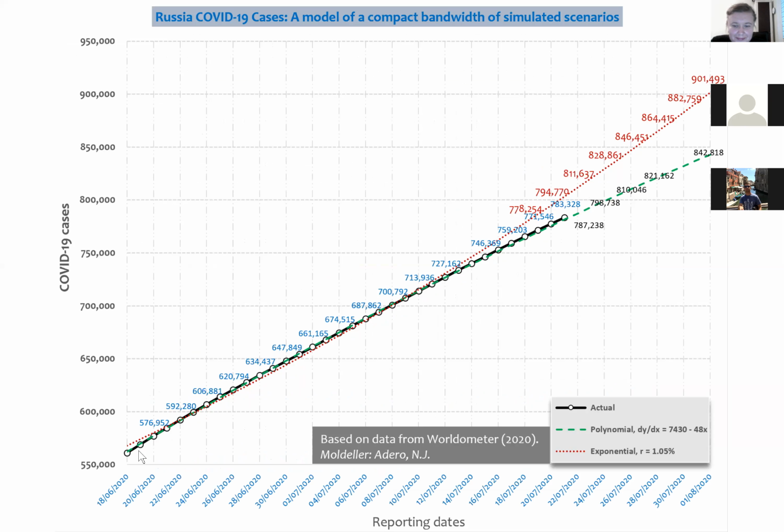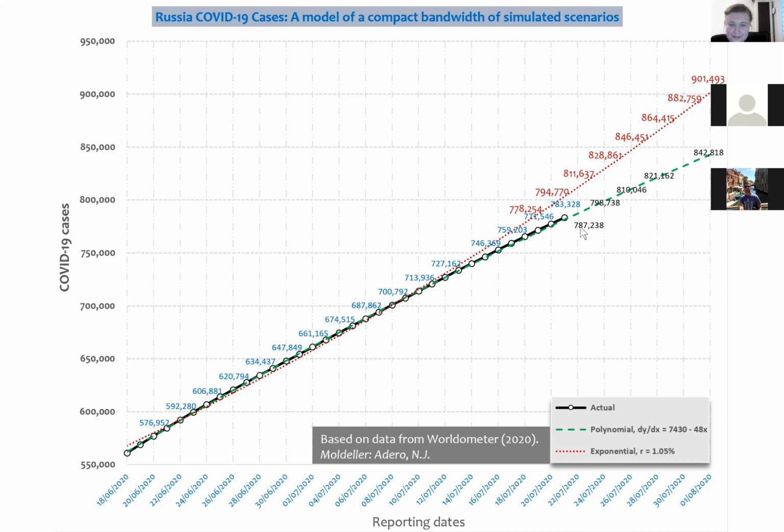So the green line is the trend that was simulating the cases in Russia, but you can see the black line is the actual cases recorded. For example, by 21st July, yesterday, you had 783,328 total cases. And you see it is staying very near to the green line.